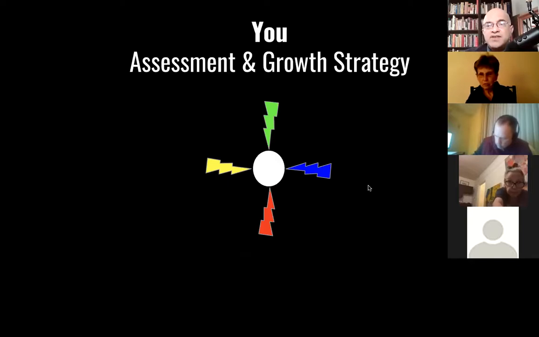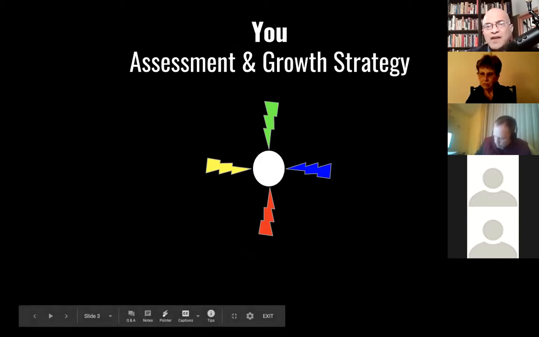So for each of these things, first I'm going to talk about how you can use this for assessment, where you are, and then growth strategies. Now, what I found, and this is actually very common knowledge in the field of psychology, is that people have different strengths on this.